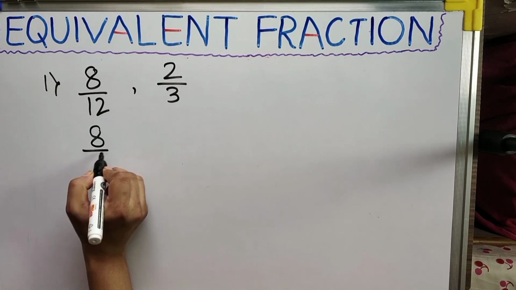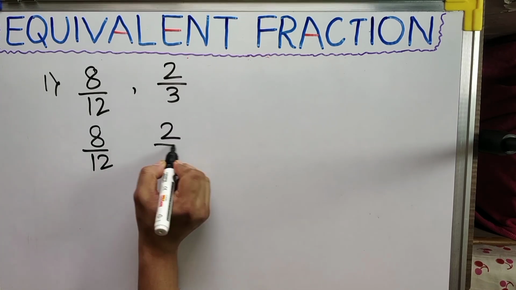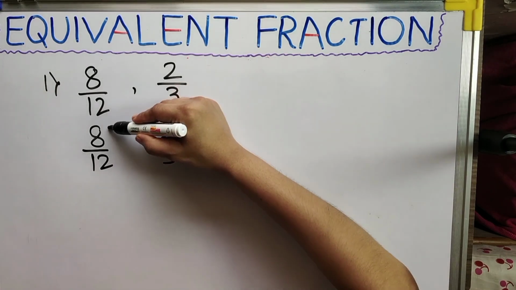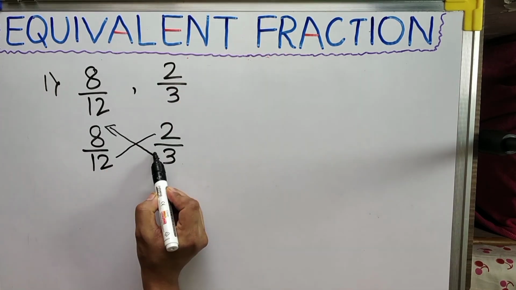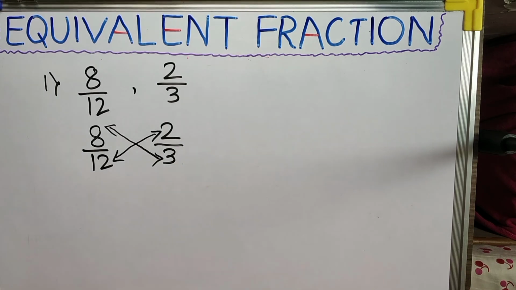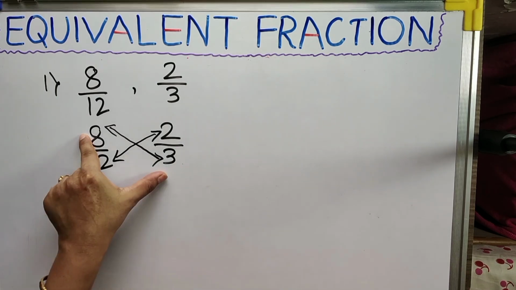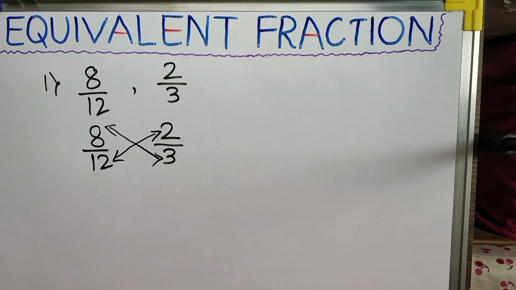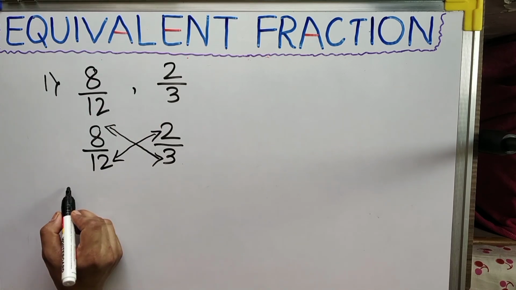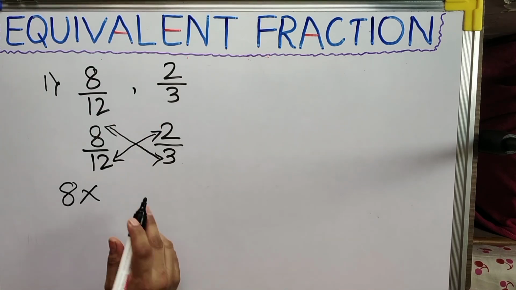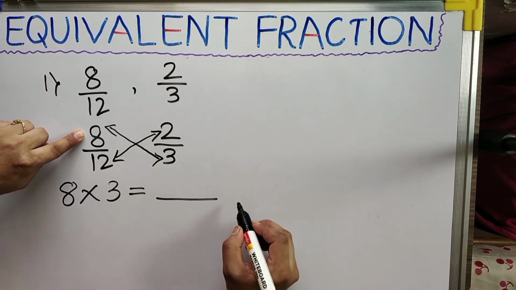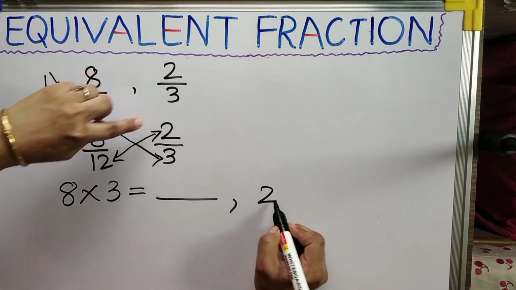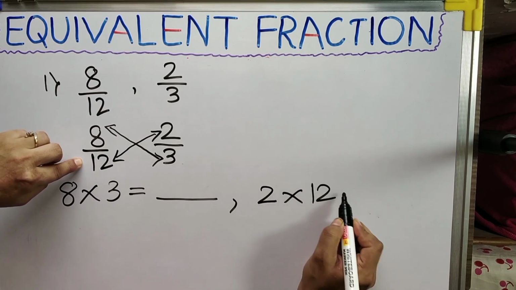So 8 upon 12, 2 upon 3. What we will do is cross multiply. We will cross multiply the fraction. So here the next step will be 8 multiplied by 3 is equal to, and 2 multiplied by 12 will be equal to.